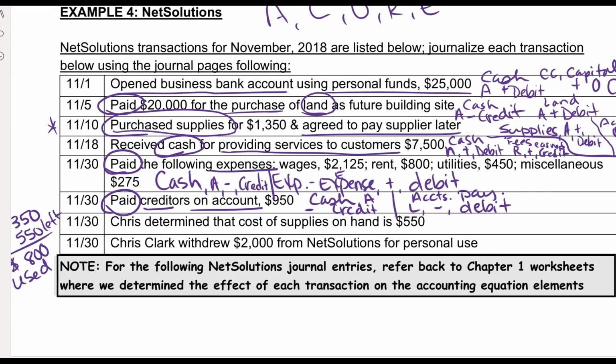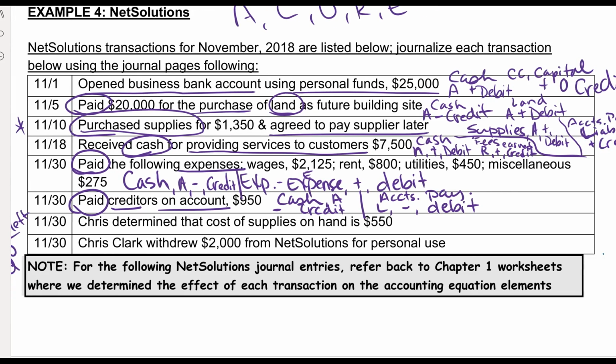Okay, so for future reference. So we know we've got supplies that we're going to have to change. And when we use supplies, they become supplies expense. So we're going to have supplies that we use. We'll be using supplies expense.